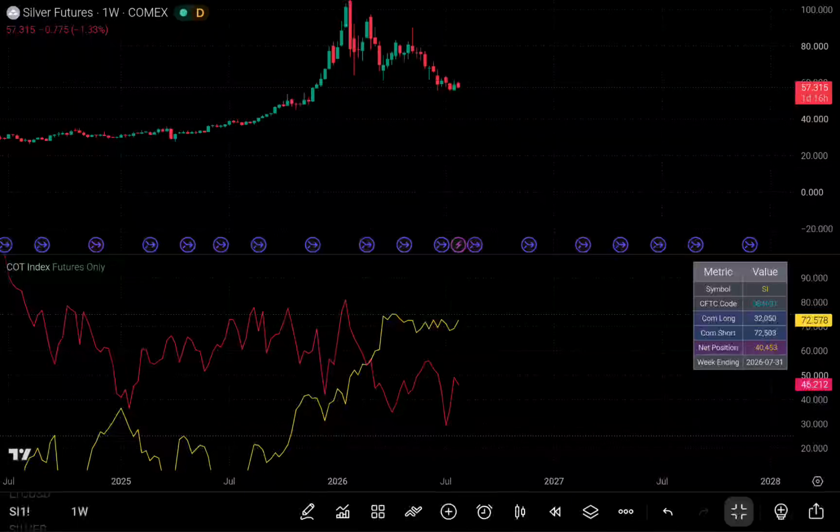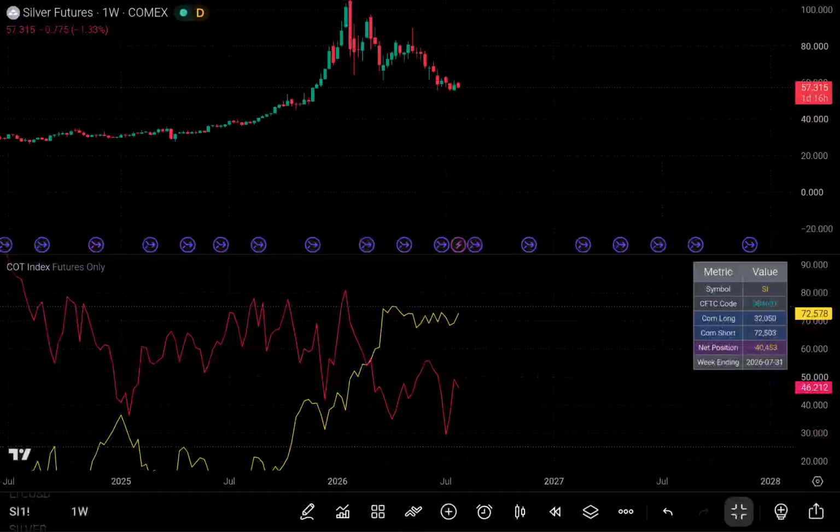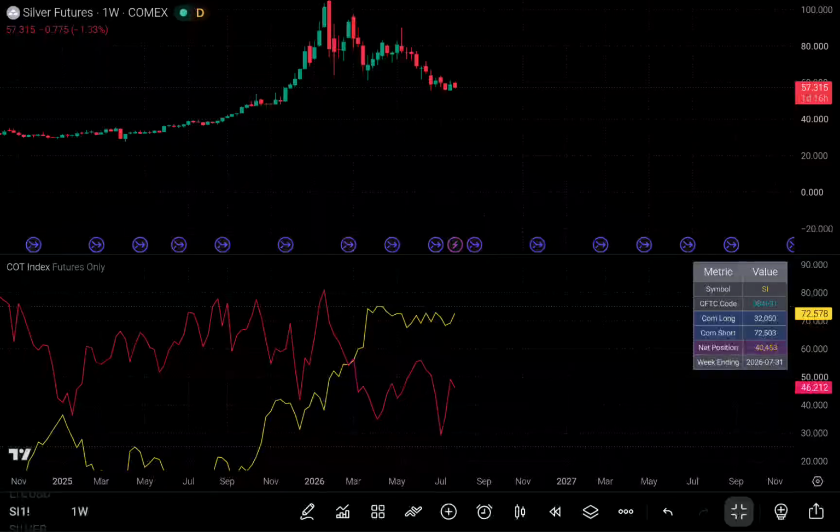And then there's retail traders, this pinkish line, and that is going to be us, retail traders. And there has to be another line, but I don't want to add that yet. It is non-commercials, that is big institutions, big banks, hedge funds. They also play in this game too.